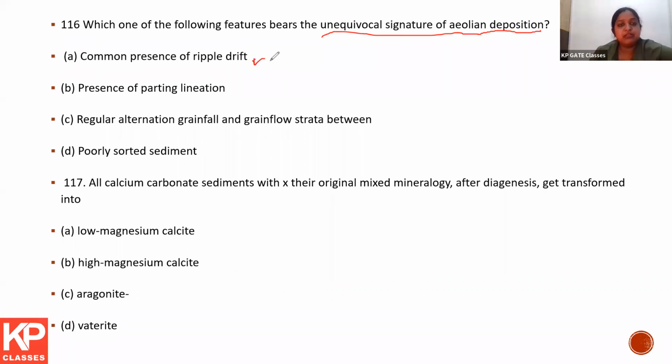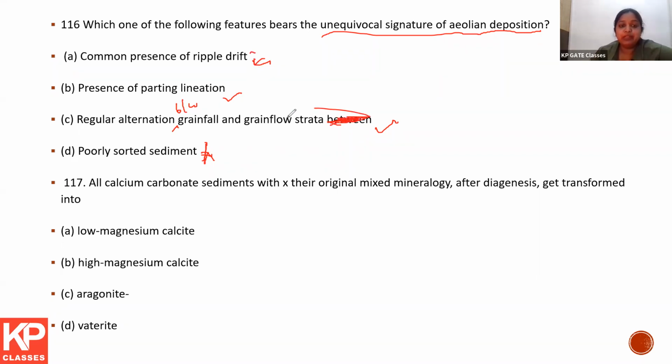Here ripple drift is present, parting lineation can be present, but poorly sorted sediments are not; aeolian deposits are well sorted sediments. So this option itself is wrong. Then regular alternation between grainfall and grain flow strata. So this is the correct statement.